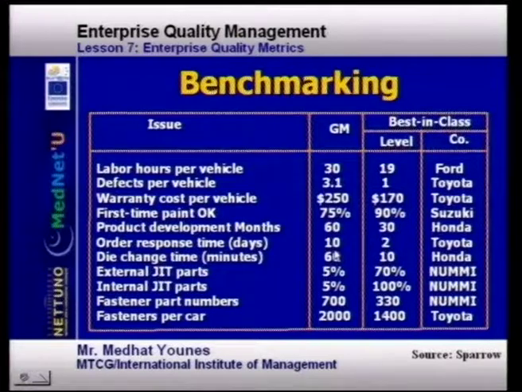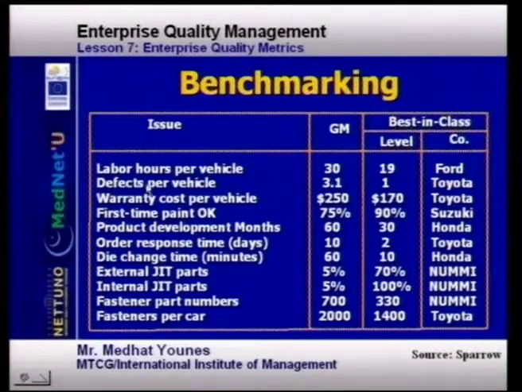This slide shows an example of benchmarking for General Motors. The benchmarking allows a company to compare their performance to best in class in the industry. For example, the number of labor hours per vehicle for General Motors tends to be 30. For the best in class, the number of hours spent on a car is 19, and the leader in that sector is Ford.